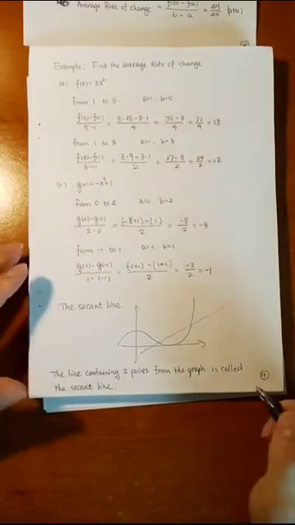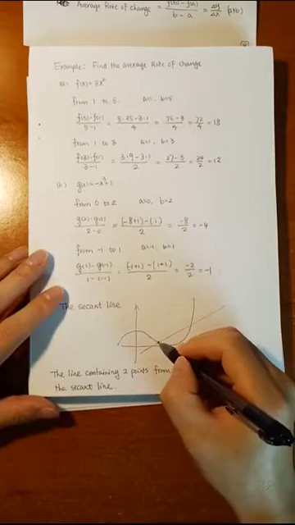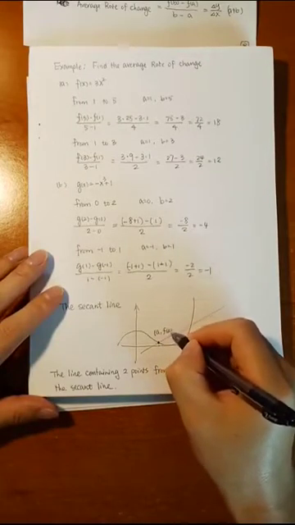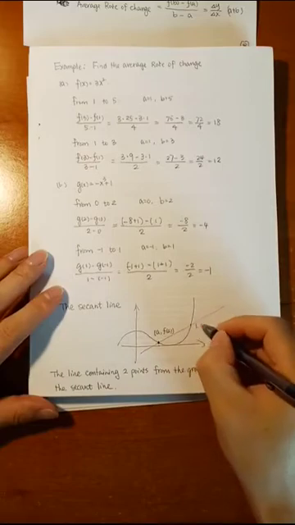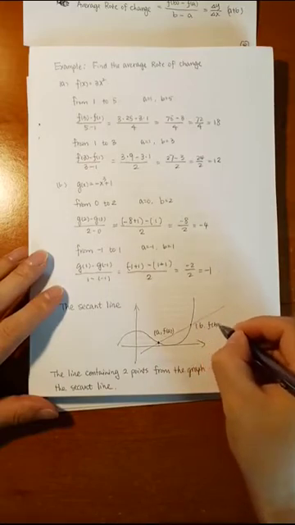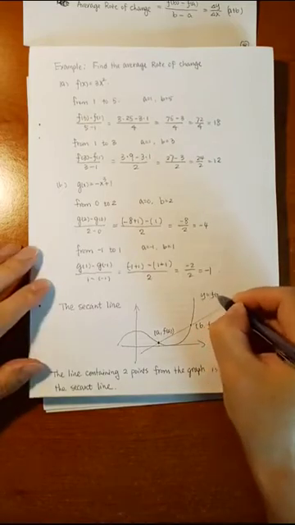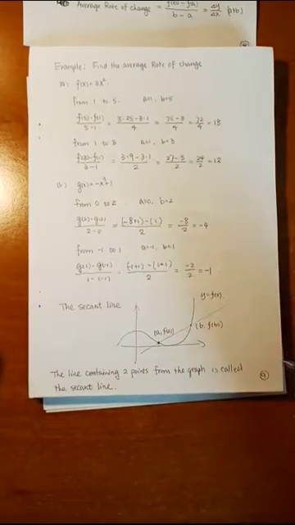Okay, 2 points. So you have this point a, f(a), and this point b, f(b), and the function is y equal to f(x), (a, f(a)) and (b, f(b)).